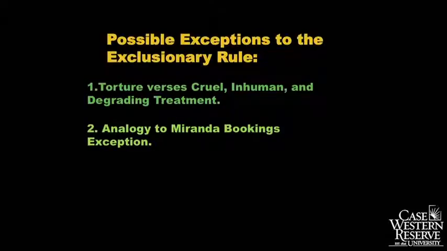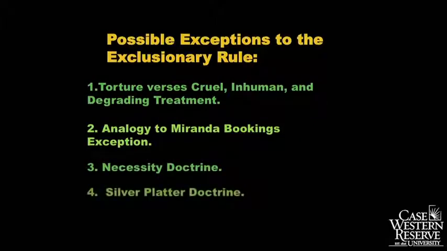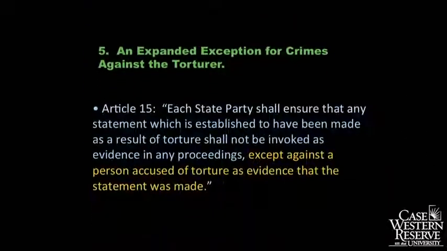And as we've seen earlier in our course, some things that don't rise to the level of torture therefore do not trigger the Torture Convention's exclusionary rule. We'll be looking at the analogy to the Miranda booking exception, something that is used in the United States under the Miranda warnings. We'll be looking at the necessity doctrine and the silver platter doctrine. And finally, we'll be considering an extended exception for crimes against the torturer.